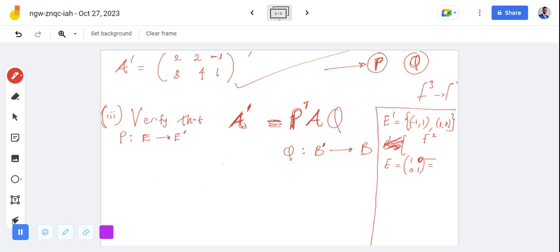Where this one will be my small letter F1, small letter F2. So I'll just come here and say, for this E that I actually have here, what would that give us? Take note though, this thing is not defined by phi.